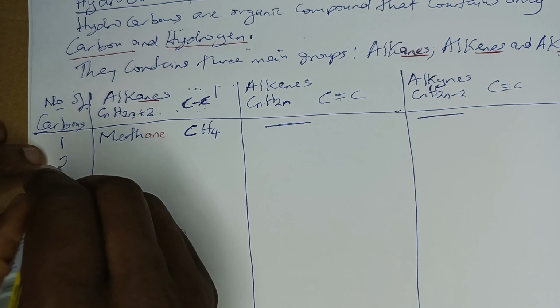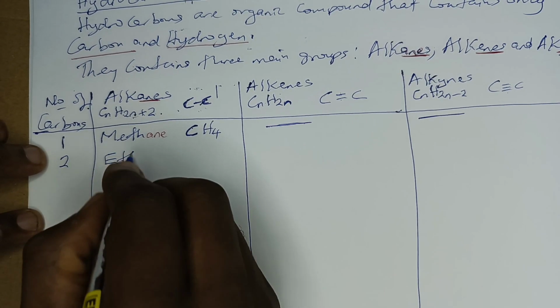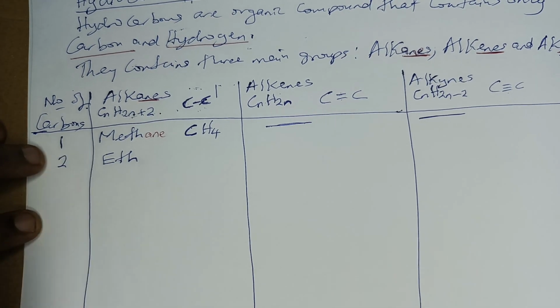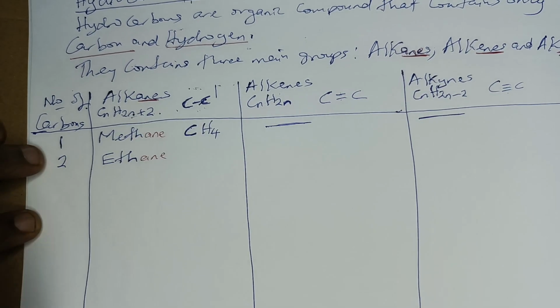Let's go to the second one here. For the second, we have eth. Under alkanes, we finish it with ANE, that is ethane.